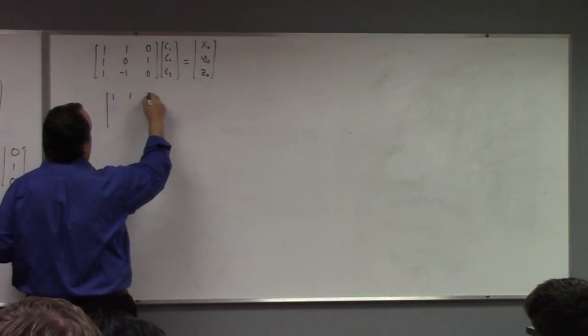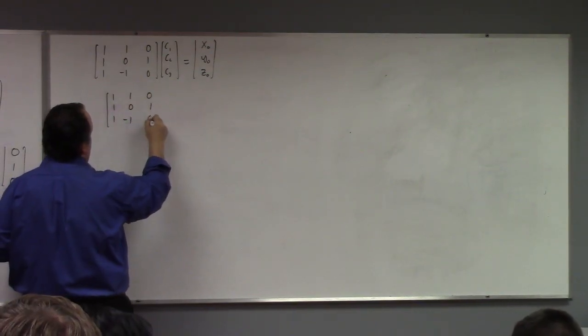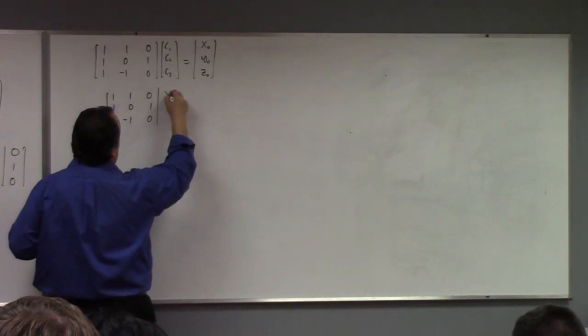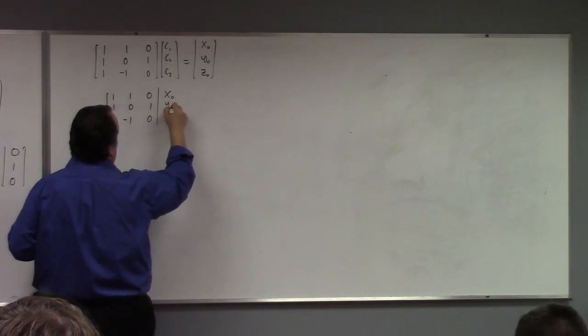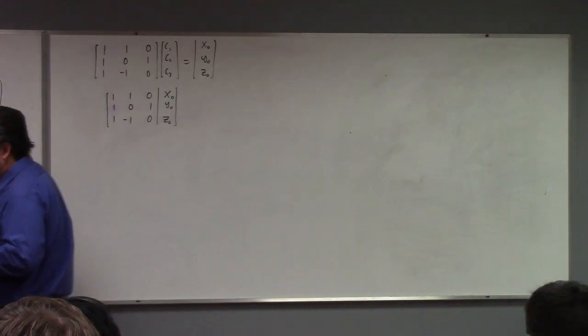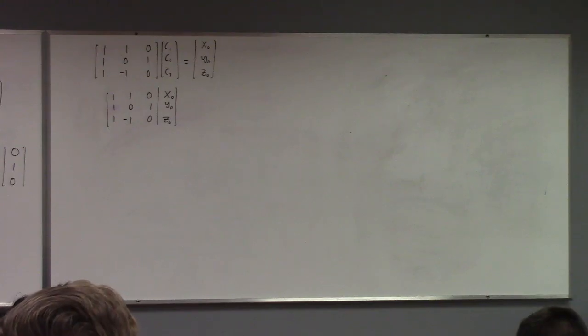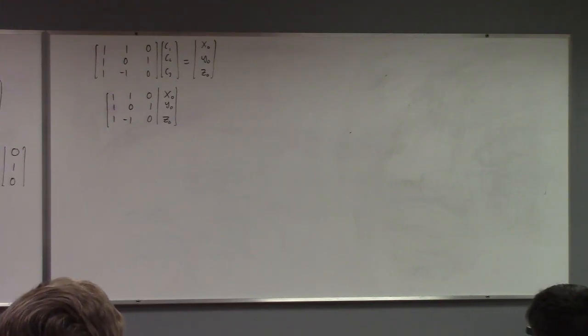1, 1, 0, 1, 0, 1, 1, minus 1, 0. And we put the inhomogeneous terms over here. So the way row reduction works is you're allowed to do row operations, and you try to play this game where you clear out the numbers under the pivot position.